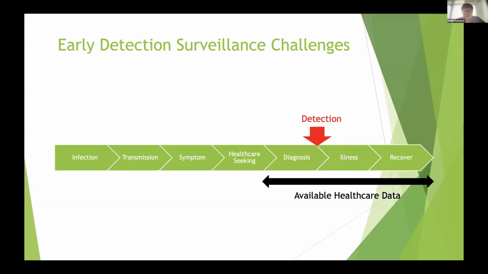So what we need is to move the detection further upfront, ahead of healthcare seeking, when there is infection or transmission or symptoms that might happen in the population, so that we can plan early and provide a proper response to the event.